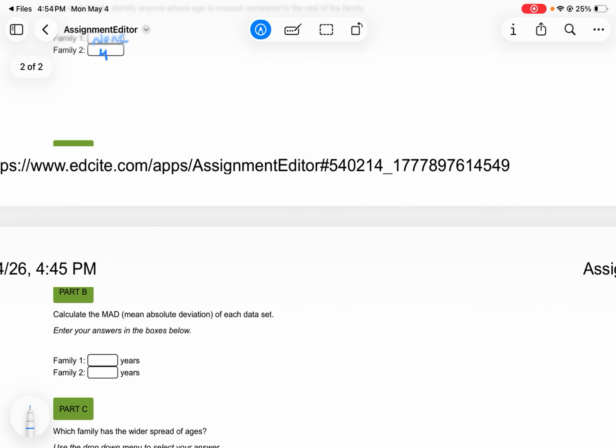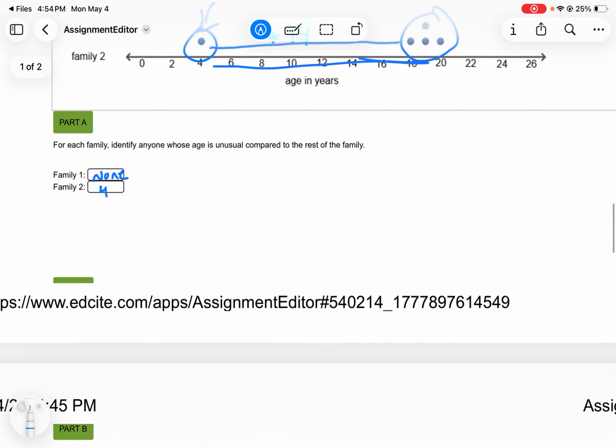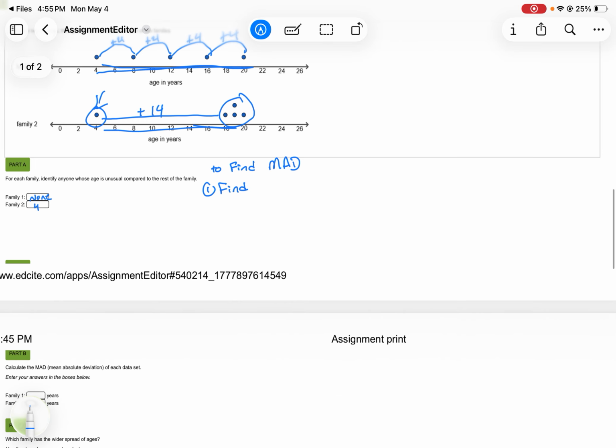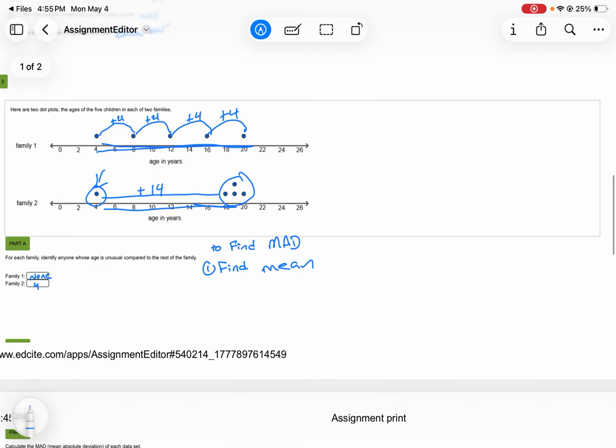And so for part B, it says calculate the MAD. Well, to find the MAD, step 1, find the mean. So here we had 4 plus 8 plus 12 plus 16 plus 20.